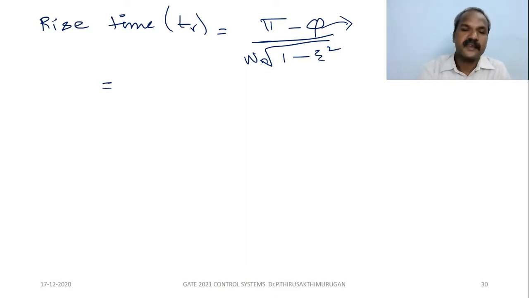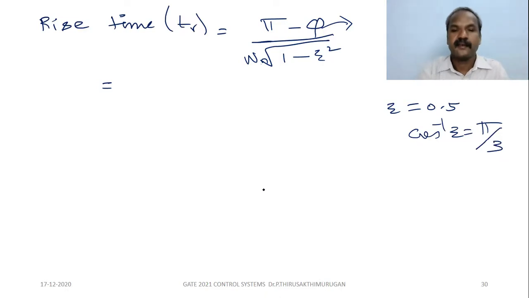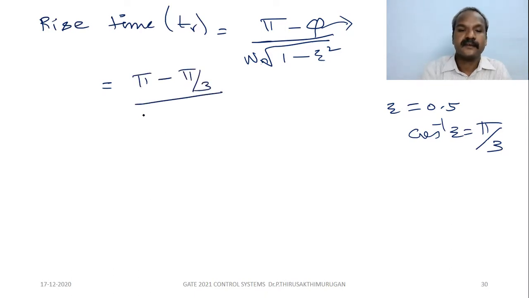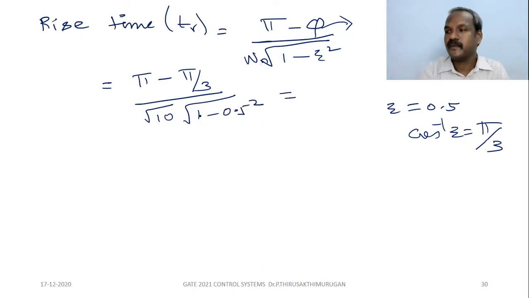For zeta equal to 0.5, cos inverse of zeta equals pi by 3, 60 degrees. So pi minus pi by 3 divided by root 10 into square root of 1 minus 0.5 square.